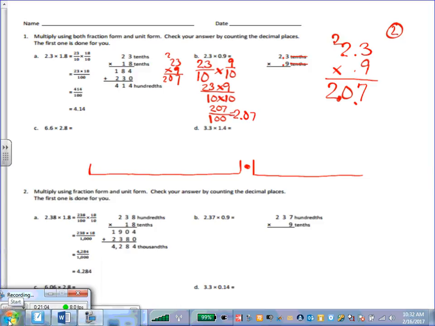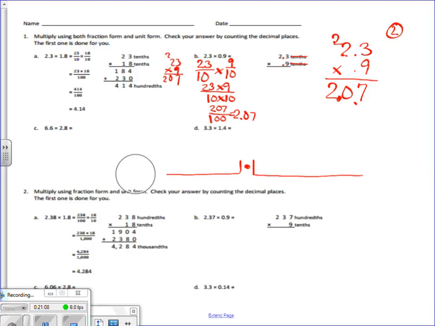On this bottom part down here, where they don't really have anything written, you have 6 and 6/10 times 2 and 8/10.